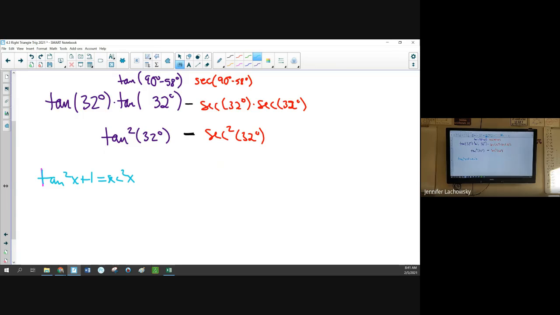That x represents any angle, so it might as well be 32 degrees, right? What's tangent squared minus secant squared? Almost. If you subtract the secant squared over, and then subtract the 1 over, tangent squared minus secant squared of the same angle is negative 1. And there's your answer.